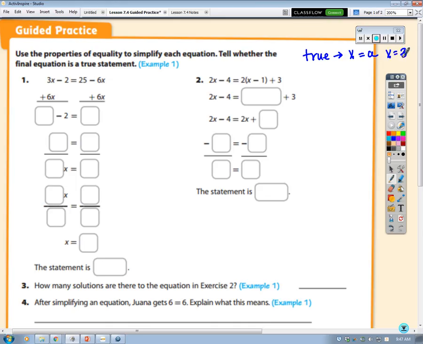You can have a true statement that has a equals a, where you have one number equal to itself. That's still a true statement. You could have a false statement where you have something like 3 equals 4. And it is false because 3 is never going to equal 4, is it? And 4 will never equal 3.